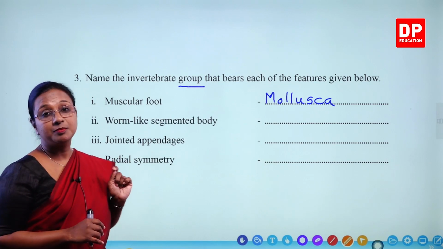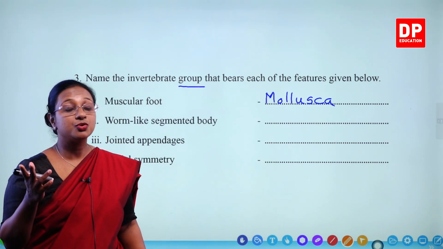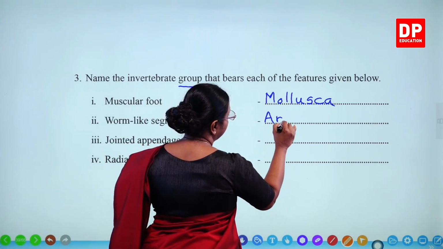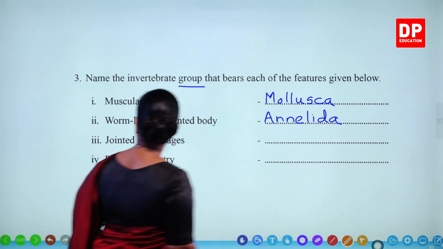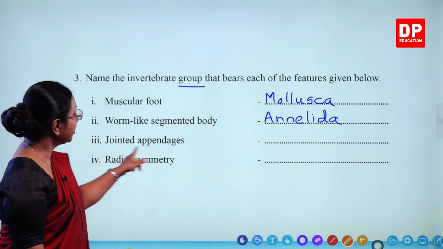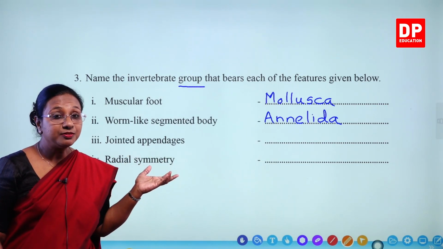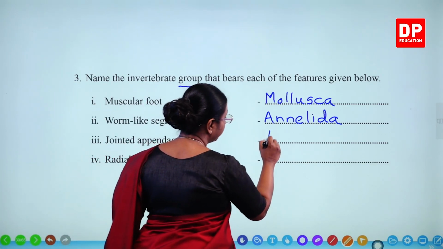Worm-like segmented body. What are segmented worms? The annelids. So what is the group? Annelida. Next one, jointed appendages. We discussed it before. Arthropoda, jointed appendages. So Arthropoda.